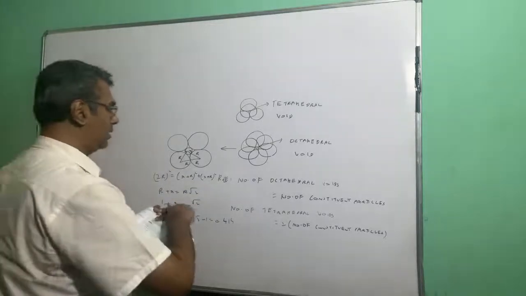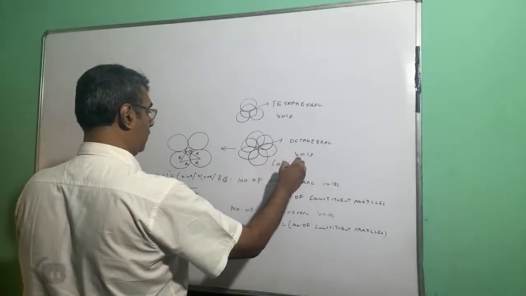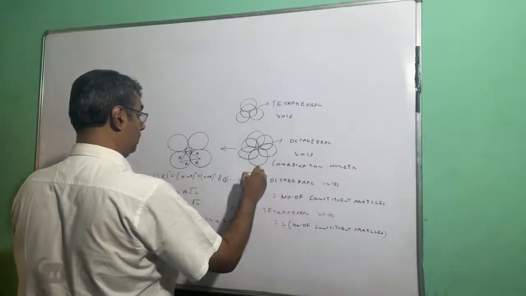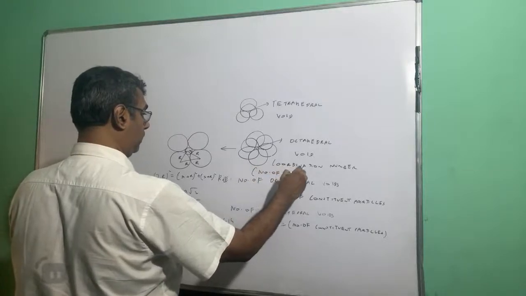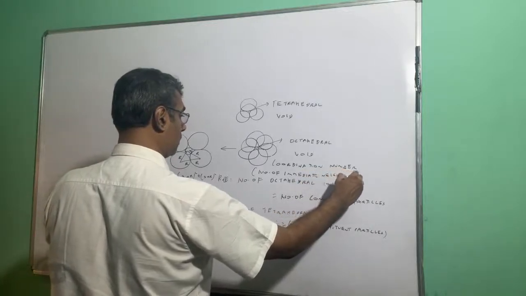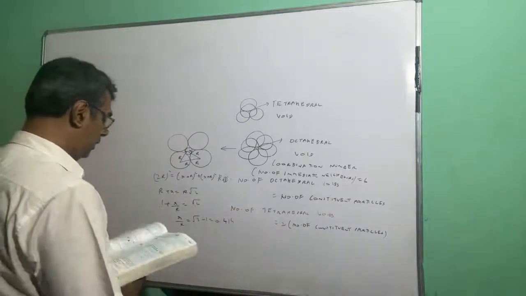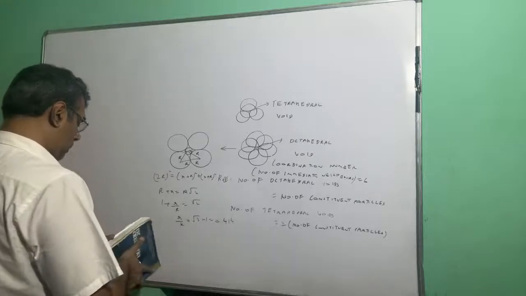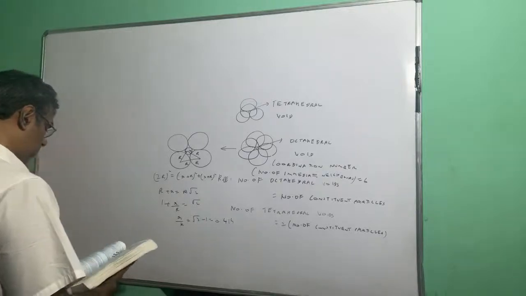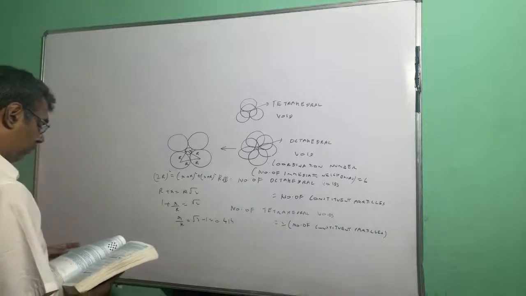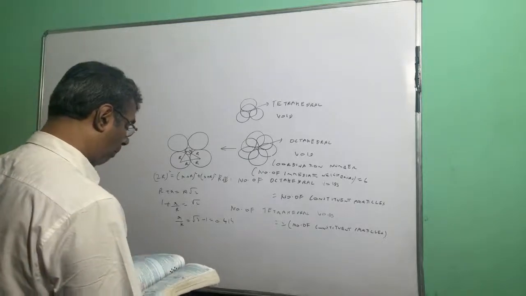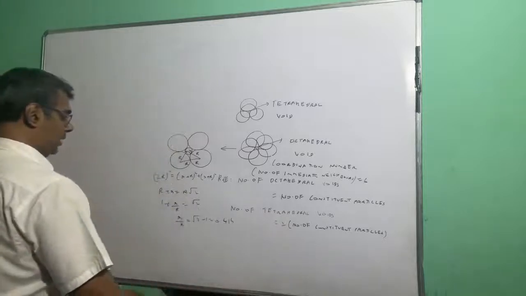Another thing is that in octahedral void, the coordination number, which literally means the number of immediate neighbors, is equal to 6.